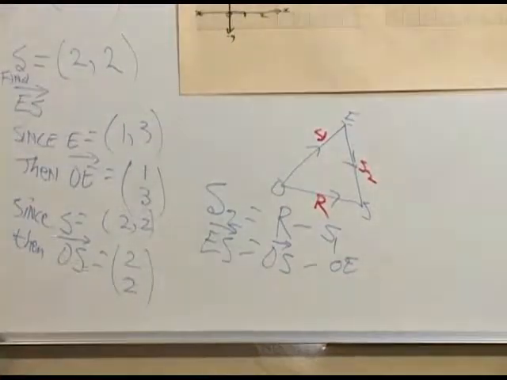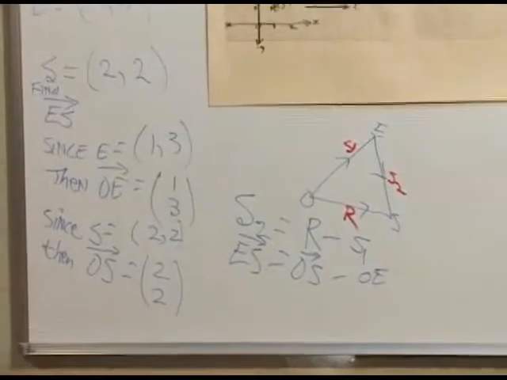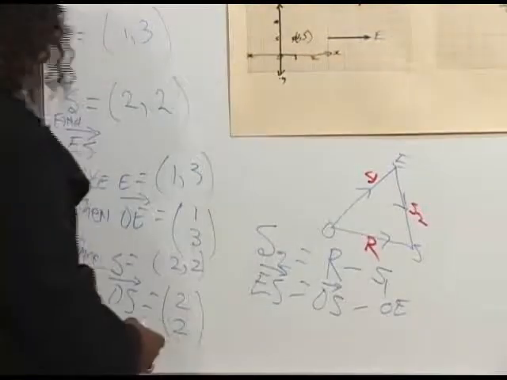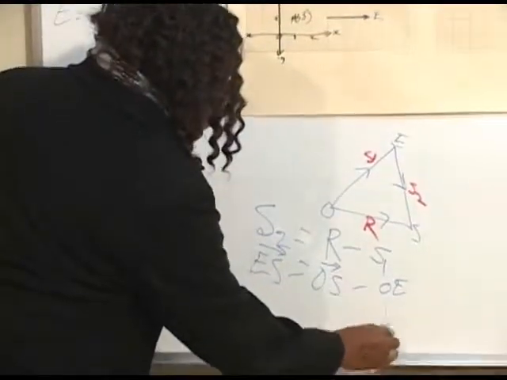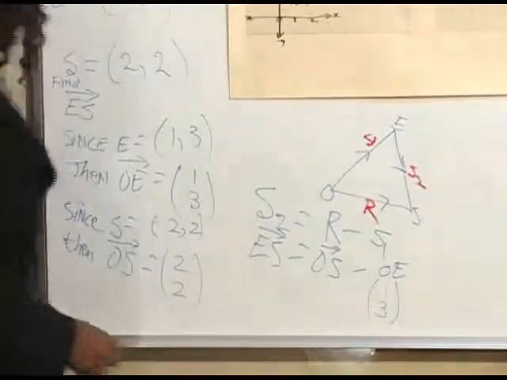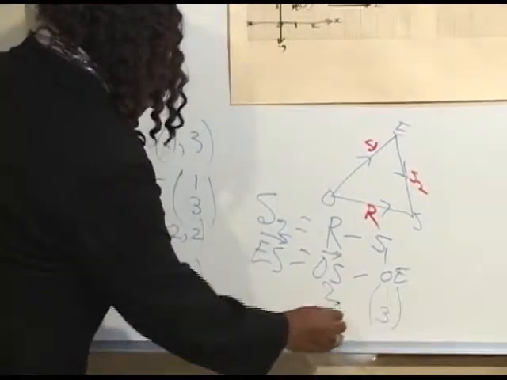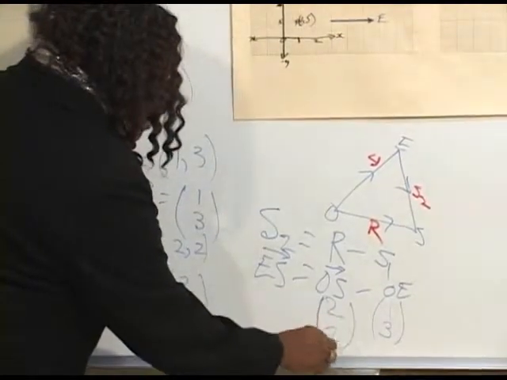All right, all we're doing after that is substituting our values. We have OE here, and OE is equal to 1, 3, the components. And OS is equal to 2, 2. And what again are we doing?